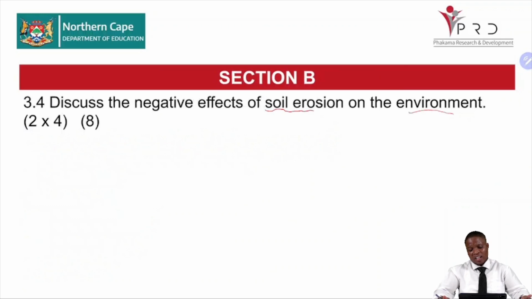This question can even come and ask the effect of soil erosion on agricultural produce. It makes the land not good enough to give us food, then the agricultural businesses may find it difficult to grow those plants. So let's look at this one. Discuss the negative effect of soil erosion on the environment.